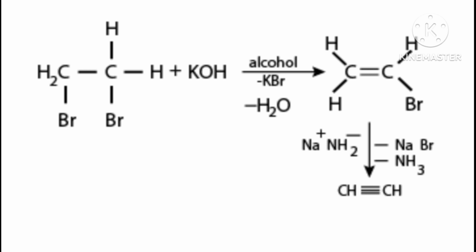First, to understand the acidic nature: alkynes, particularly acetylene, are acidic, and they can undergo addition reactions as well as polymerization reactions. Now I will discuss the acidic character of alkynes, remember, alkynes.